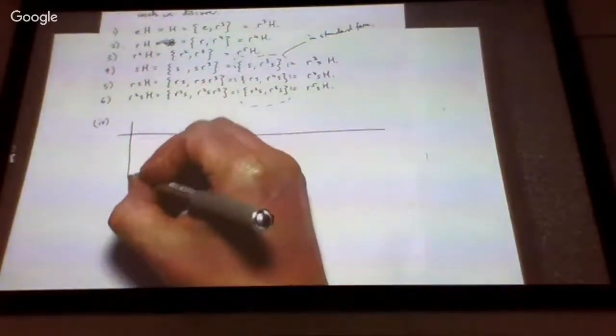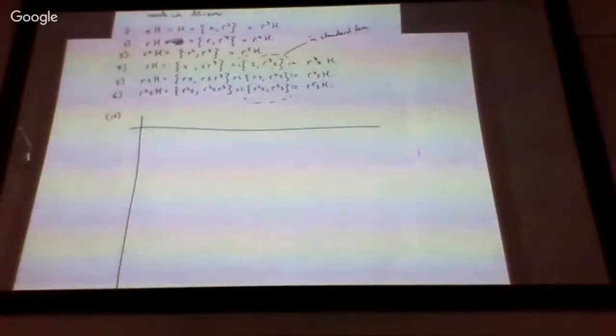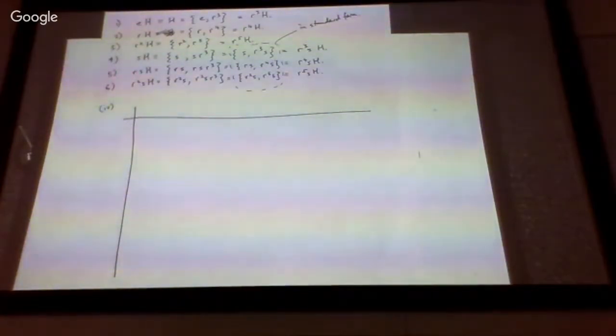Now, what would be sensible labels to use? E, R, S, R2, R3, R4, and R5, wouldn't it? Well, maybe not particularly in that order.